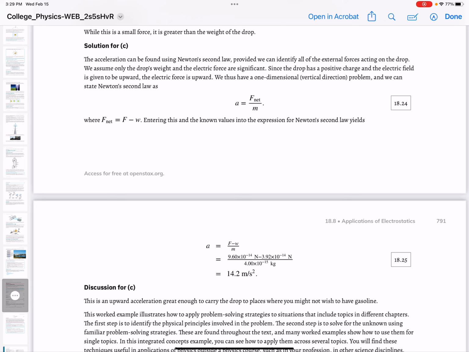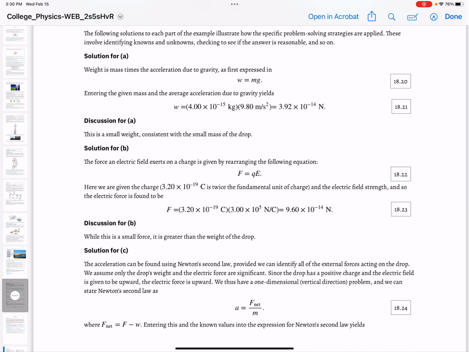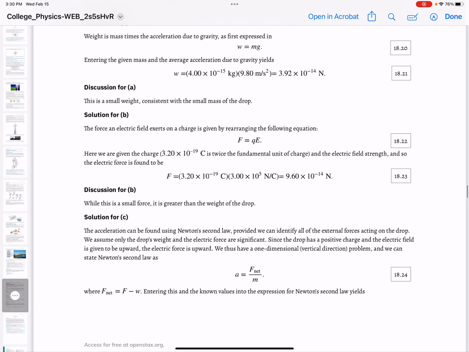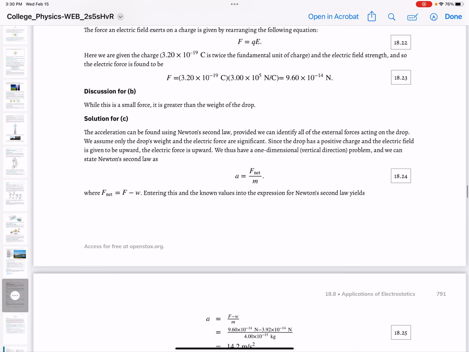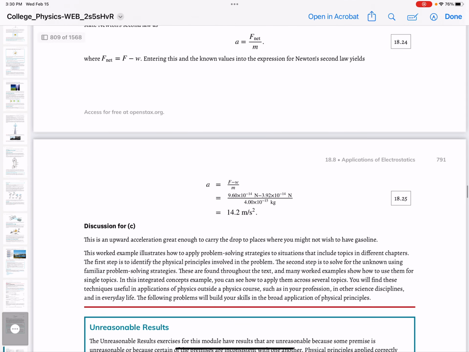So our weight is not insignificant in this case. However, in problem number 11 this week, it is insignificant. So you have to look at the size of the forces involved. In 18.21 we've got times 10 to the minus 14 newtons, and in 18.23 we also have 10 to the minus 14 newtons. So the orders of magnitude are definitely the same.